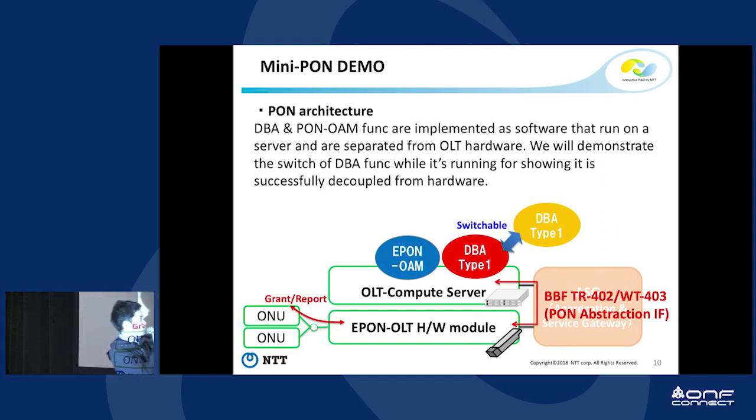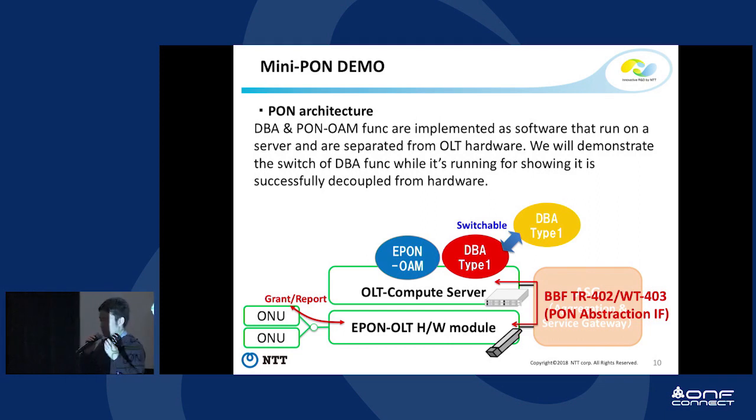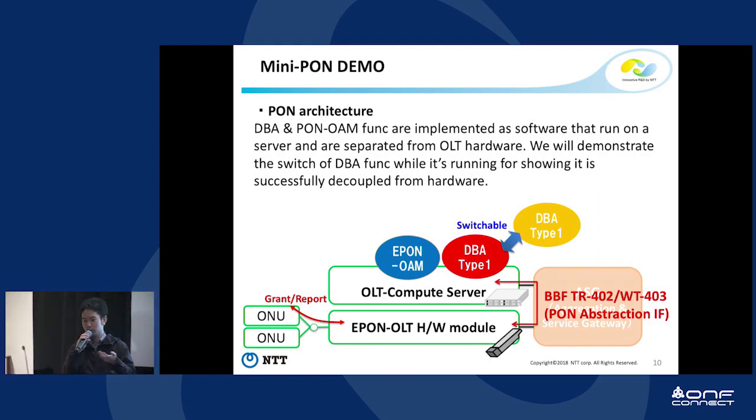This software is running on a CPU, so the processing time sometimes fluctuates because of interruption of processing. So it may be one of the technical issues this architecture has.